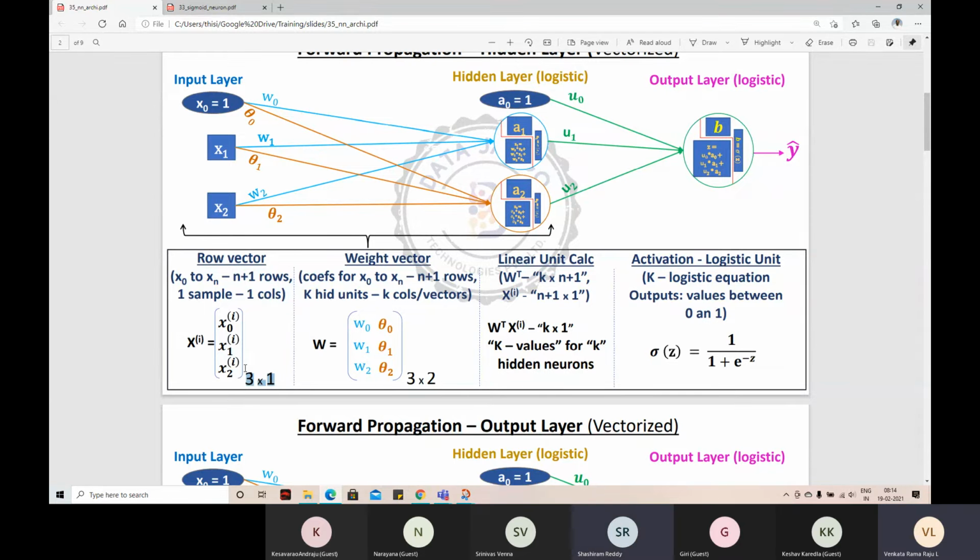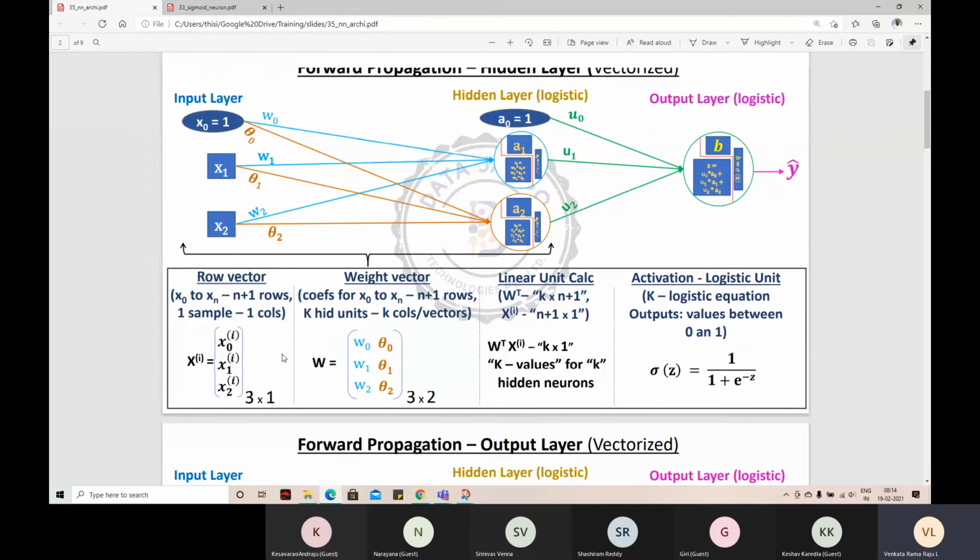If I pass four records, it's a 3 by 4 matrix. 2 by 3 into 3 by 4 is 2 by 4, right? Two output nodes, four values. For each input, there will be one value. Can you visualize that?